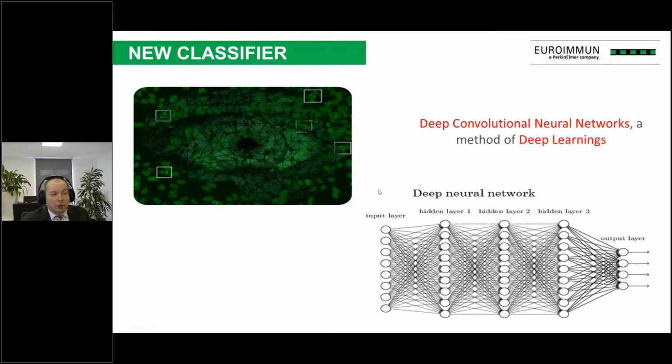You have under control your input layer, your ground truth, and you have under control your results output layer. But you don't know which convolution was used for the learning, and which hidden layers you have. For this reason, the name is deep.